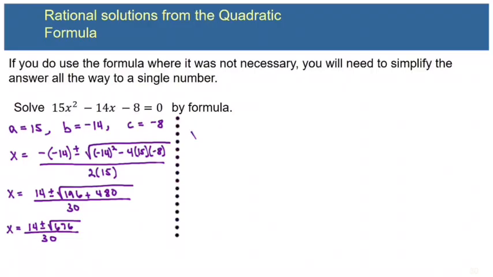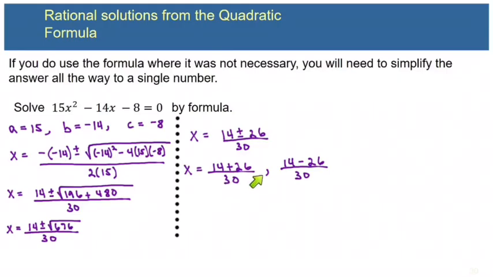So now we're going to have 14 plus or minus 26. The square root of 676 is 26, and that's all over 30. The first solution would be 14 plus 26 over 30, and the second solution would be 14 minus 26 over 30. And now I need to work both of these out.